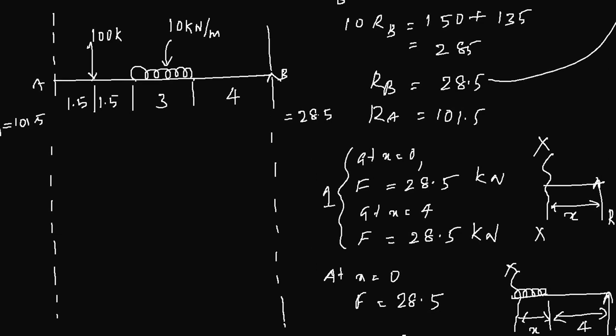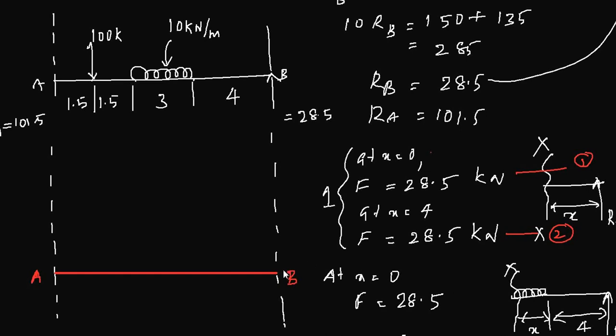For that, you need a datum line. I'm just drawing a datum line here. So that's your datum. Now your first section, this was your first one, and this is A, this is B. So at A, at x equal to 0, the first point, you have 28.5 kilonewton acting upward.